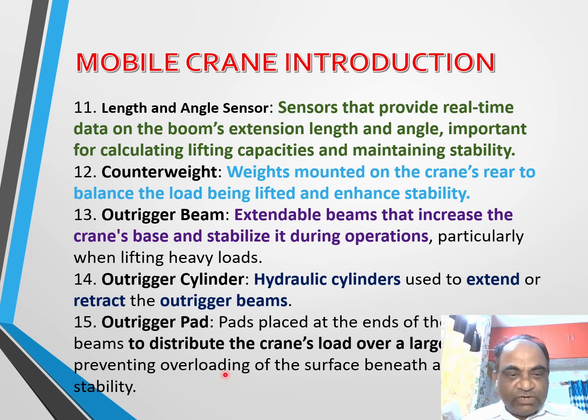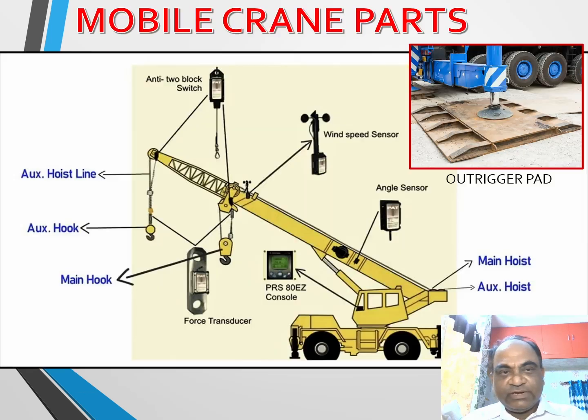This is very important. The whole idea of the outrigger pad is to give a larger area to the load of the entire crane with the load, preventing overloading of the surface beneath the pad, and by doing so it enhances the stability of the crane.